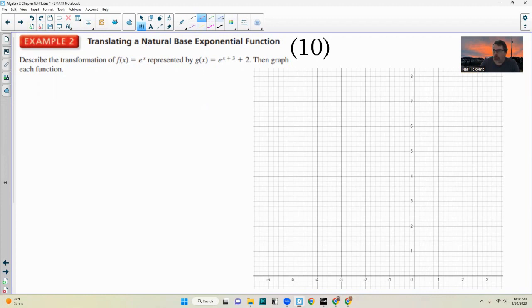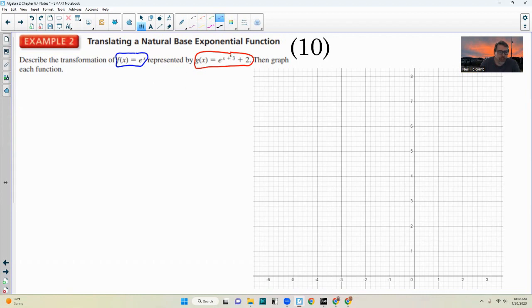All right, so the parent function is going to be, let's do it in blue, e to the x. And the transformation function in red. Before I even talk about this, well, actually, it says describe the transformation.